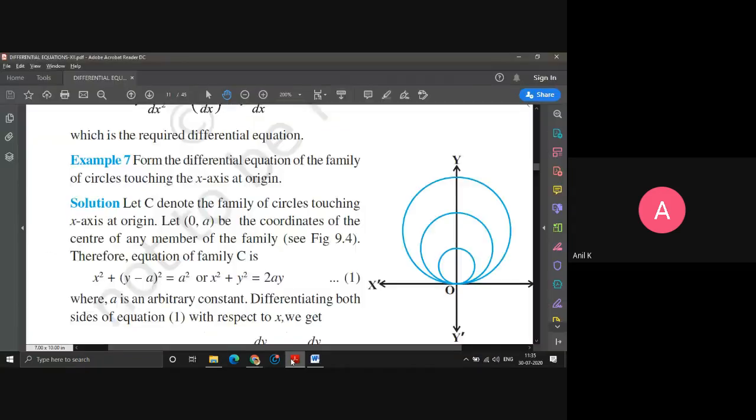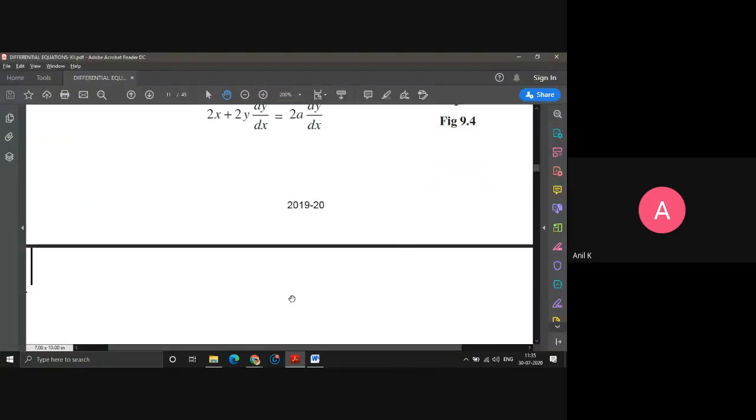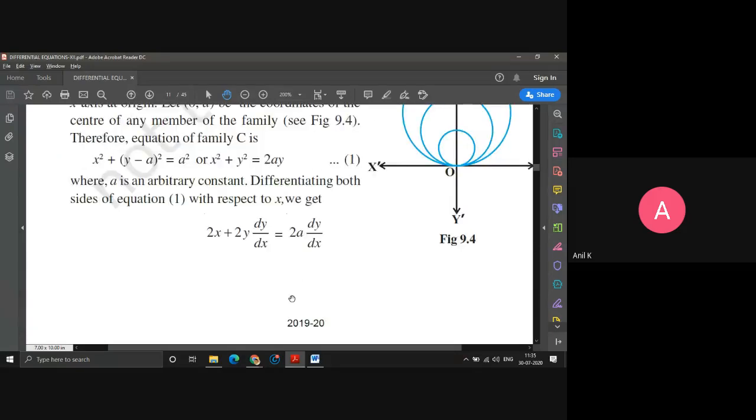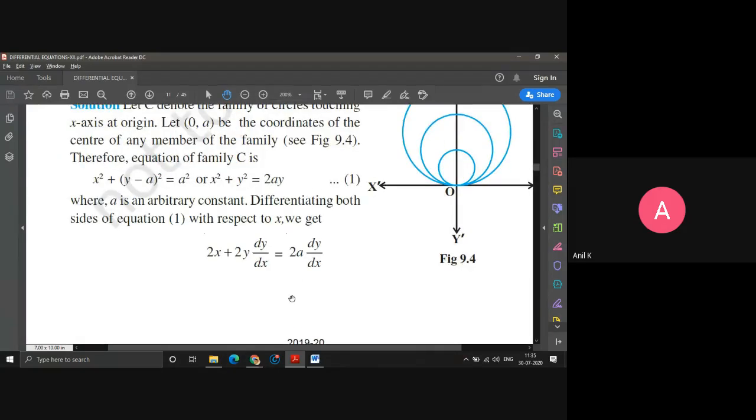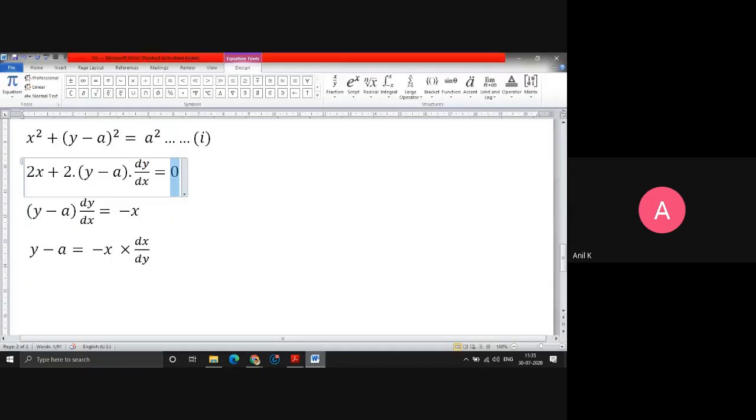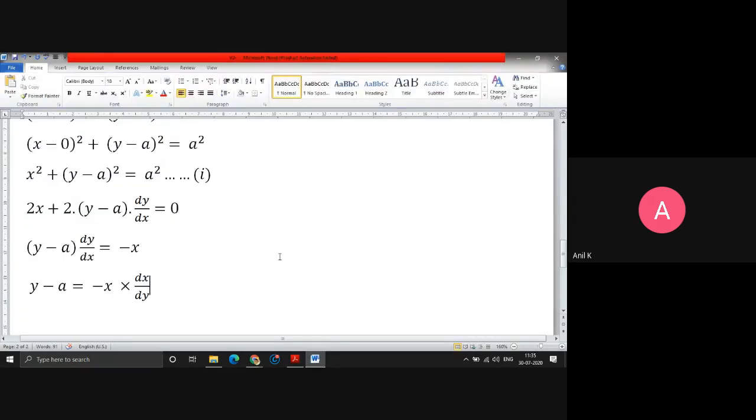Just let me check where we have done the mistake. 2ay. They differentiate, expanded this one first. This way we are struggling because anywhere you substitute, my a is not eliminating.